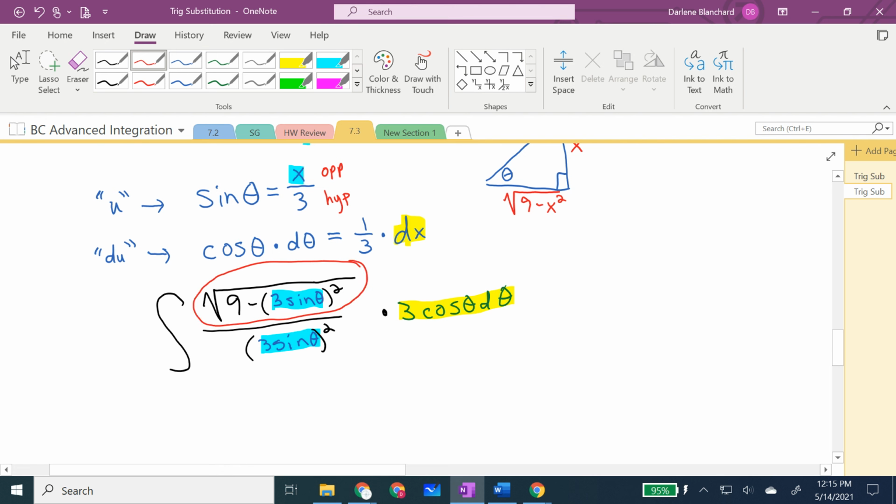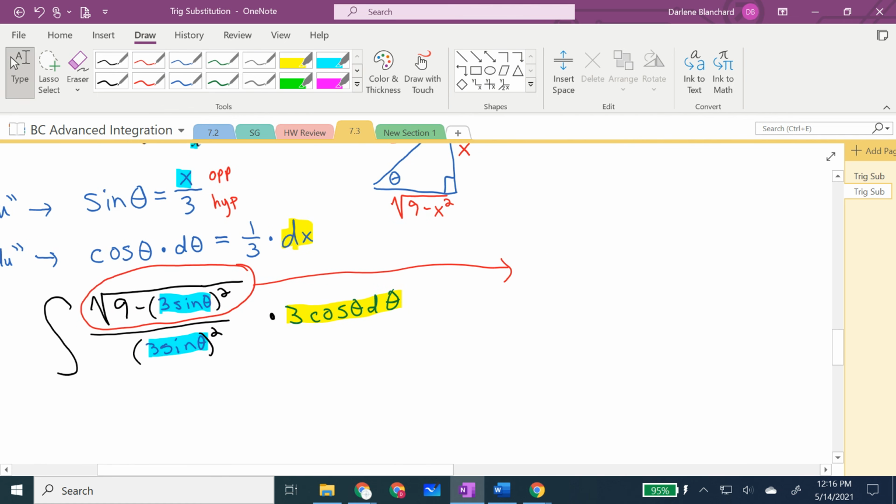I want to pull this to the side. And I'm going to distribute my squared over the multiplication of 3 and sine theta. And take a moment to look at that square root, and do you recognize it?